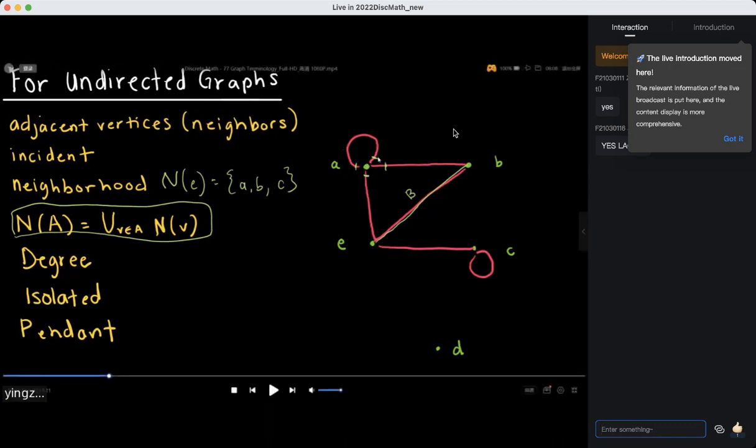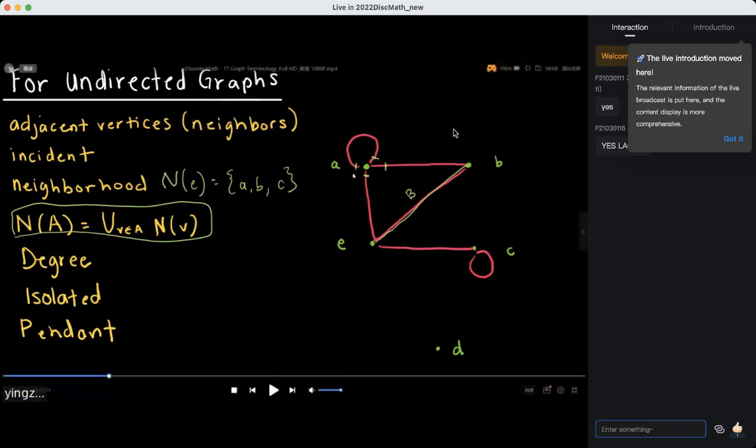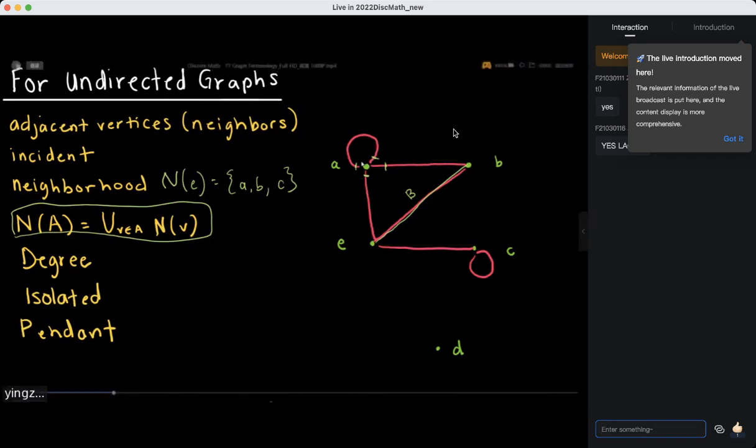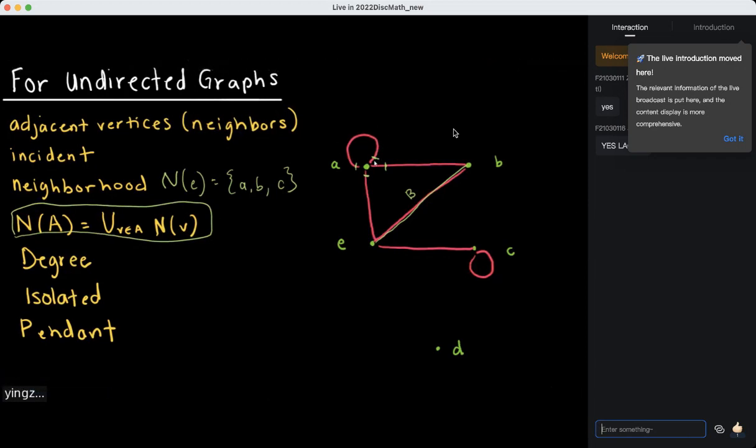So for the loop we count the two ends for A. So the degree of A is 1, 2, 3, 4, not 3. We can say it is just one edge, but it is a special edge.